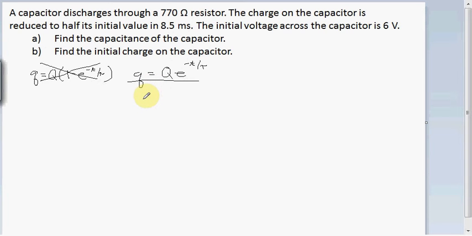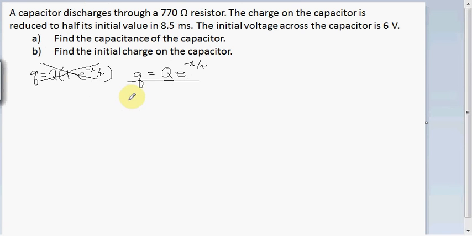We're told that the charge on the capacitor is reduced to half its initial value in 8.5 milliseconds. So here's what that means mathematically. It means that when small q is equal to 1/2 of capital Q, that's when t is equal to 8.5 milliseconds.